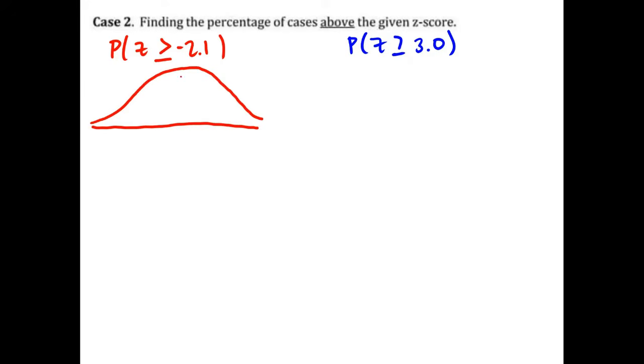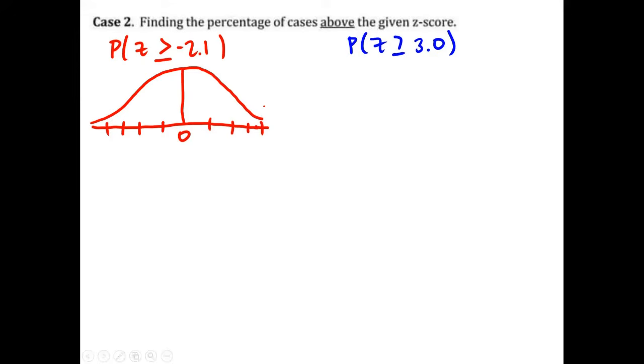And P of Z is greater than or equal to 3.0. Okay, so let's have this. So, of course, dapat alam nyo kung paano mag-draw ng normal curve. So, 0, 1, 2, 3, 4, 1, 2, 3, 4.